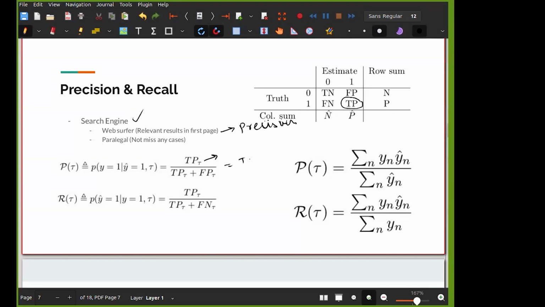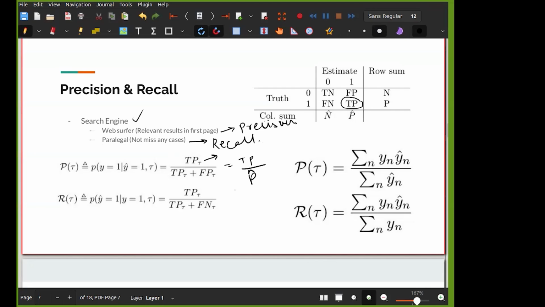So this is also equal to TP by P hat. So precision means that from all the positive predictions, which is P hat, how many of them were correct? That's precision. The paralegal situation is a system where I am really wanting a high recall system.